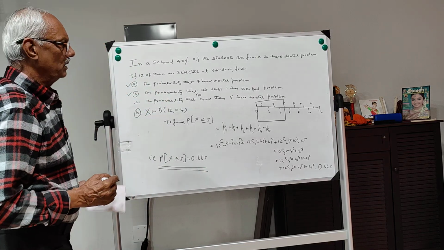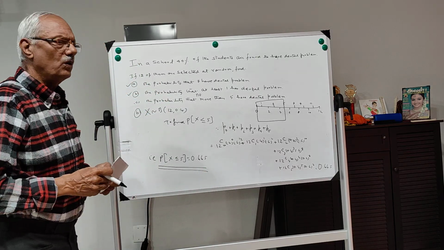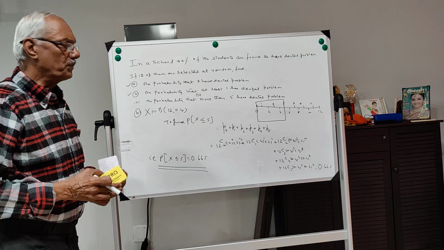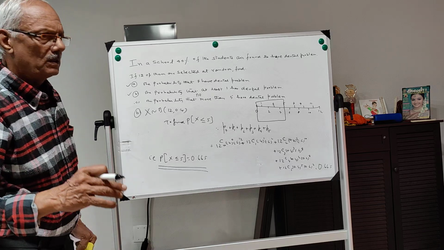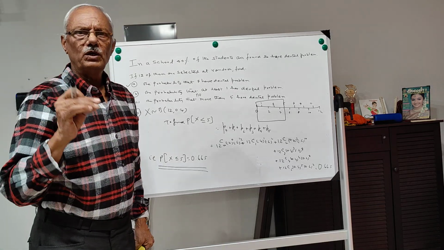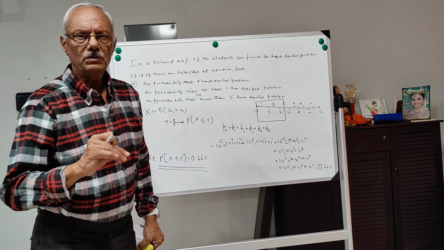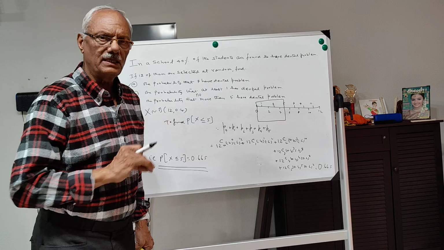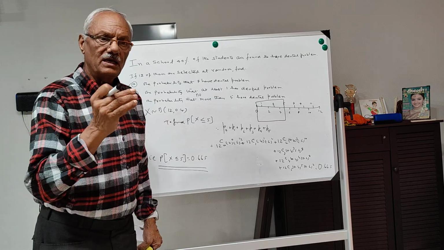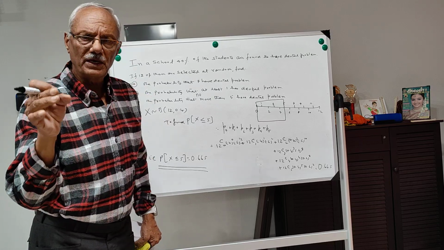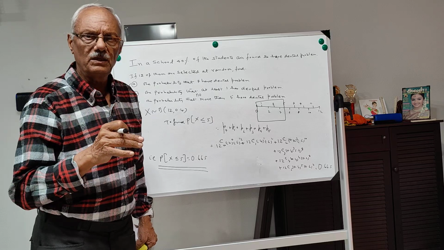So this is how we do the problems in binomial distribution. The main things that you must know in binomial distribution are what the binomial distribution is and under what principle it is done. The random variable that follows a binomial distribution is a discrete random variable.